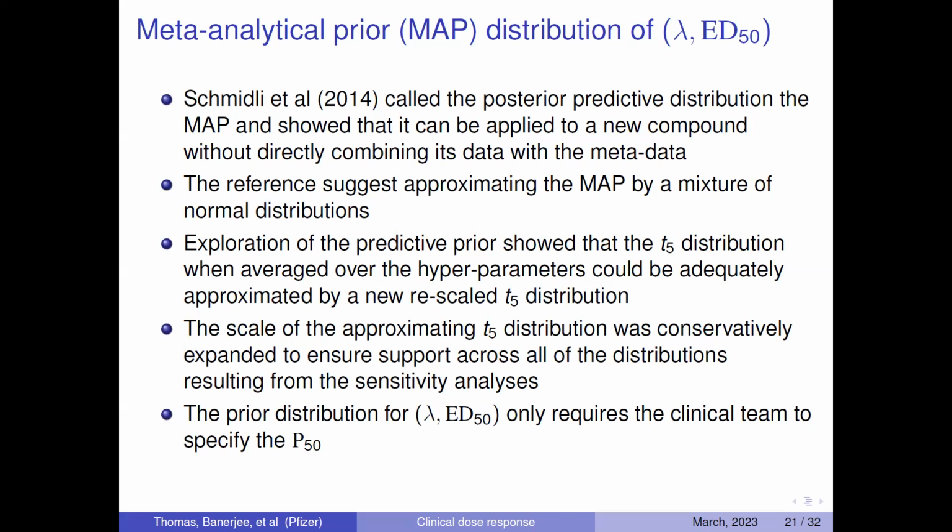That's certainly not going to be a T5, but it turns out it's pretty well approximated by a T5. It's not the same T5. It's a little wider, more diffuse, with a scale parameter that's a little wider, because you've got uncertainty coming in from the variation in those hyperparameters. But nonetheless, we found that we could approximate the posterior predictive distribution very nicely by a T5 distribution.